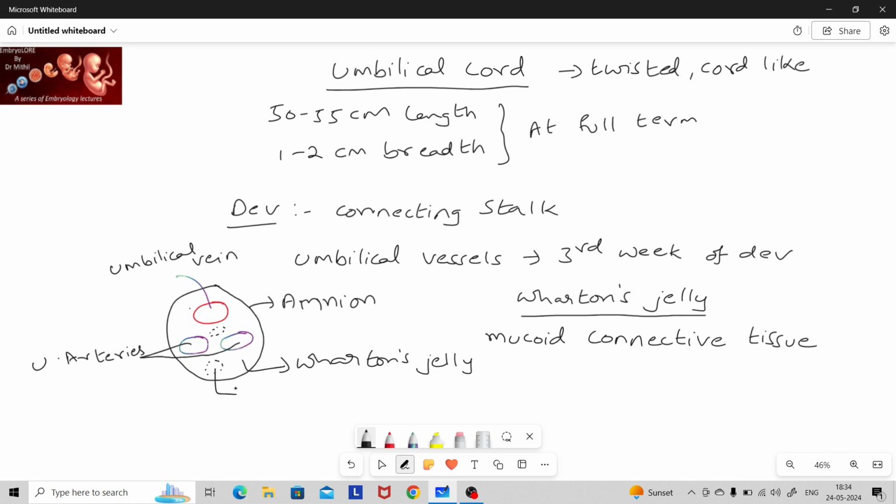So here we label the allantois remnant, and this is the vitello-intestinal duct remnant. The umbilical arteries carry deoxygenated blood, which is why I have shown them with blue color, and the umbilical vein carries oxygenated blood.